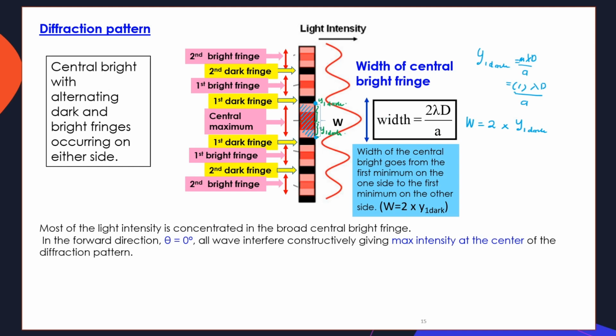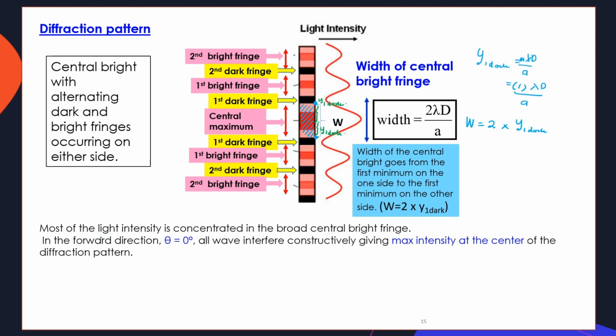Okay, so we need to add up the y1 dark of the upper side with the lower side. Therefore, the width is equal to 2 lambda d over a. So if you read here, the width of the central bright goes from the first minimum on one side to the first minimum on the other side. So the general equation is 2 lambda d over a.